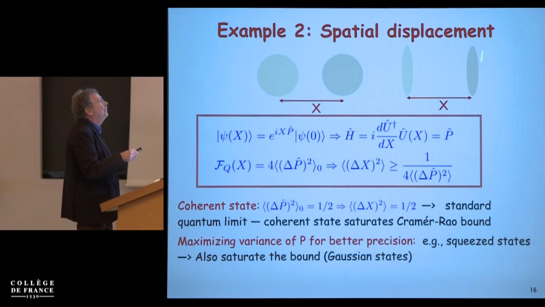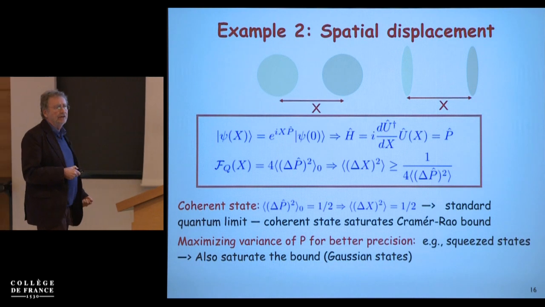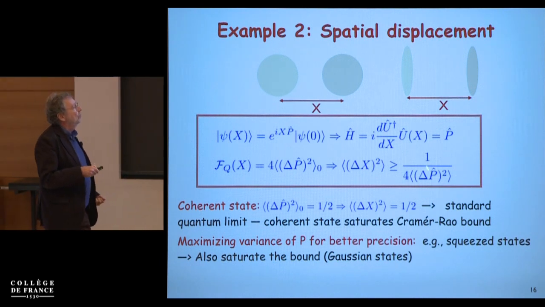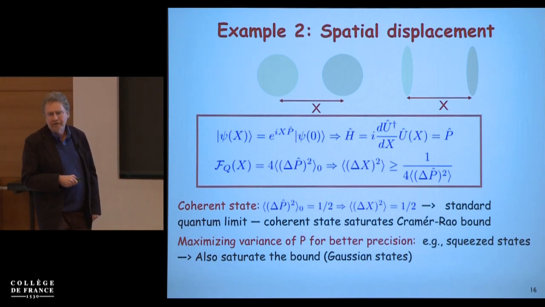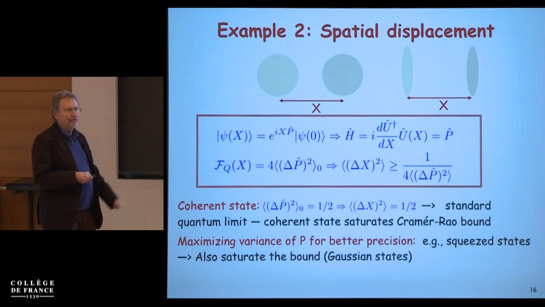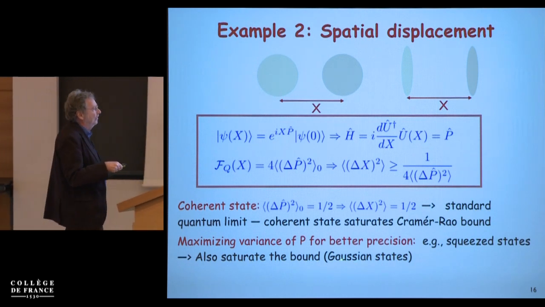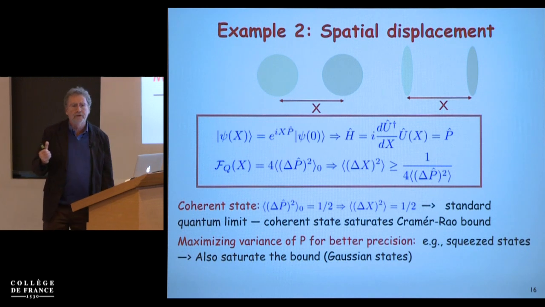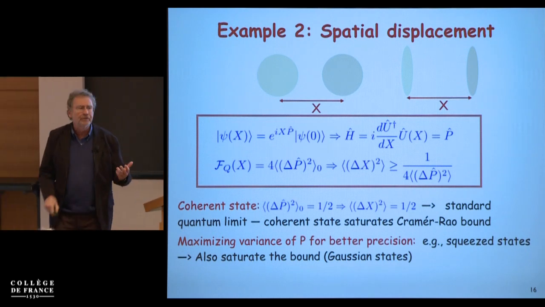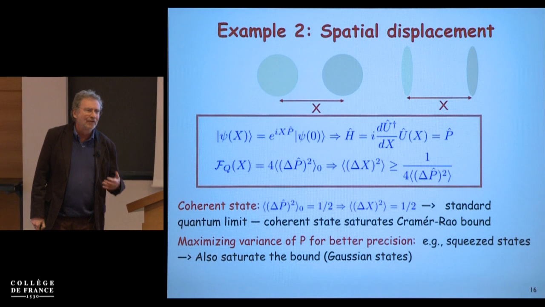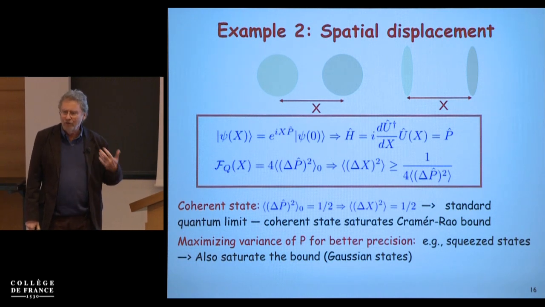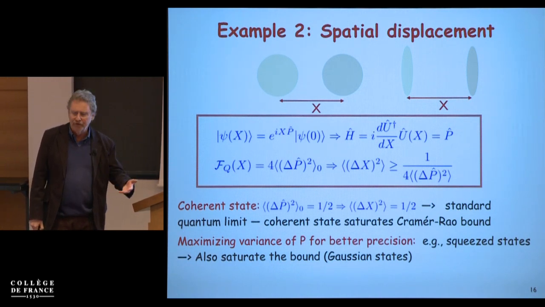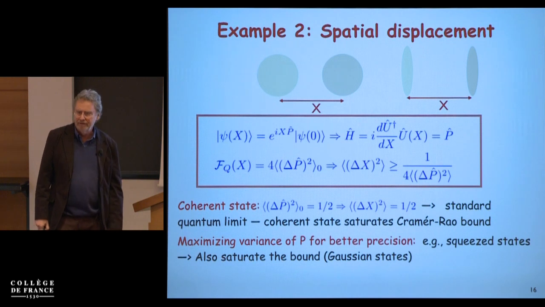Furthermore, since this is still a minimum uncertainty state, the squeezed state will also saturate Cramér-Rao. It's a Gaussian state, it saturates Cramér-Rao. And this also makes a connection with what we saw in lecture 1. Both are Gaussian states, and we have shown in the first lecture that Gaussian states lead to the saturation of the Cramér-Rao relation. Okay?